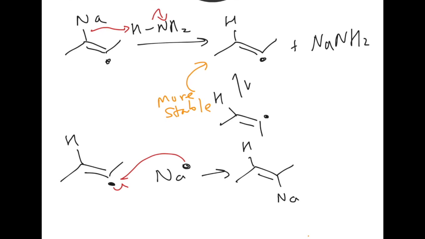So when it's the radical, that methyl group can flip back and forth, back and forth, and eventually it will all end up being the trans isomer. And then when the sodium adds, you've locked that double bond geometry in. And now again, this can react with another ammonia, which I'm going to need some space.